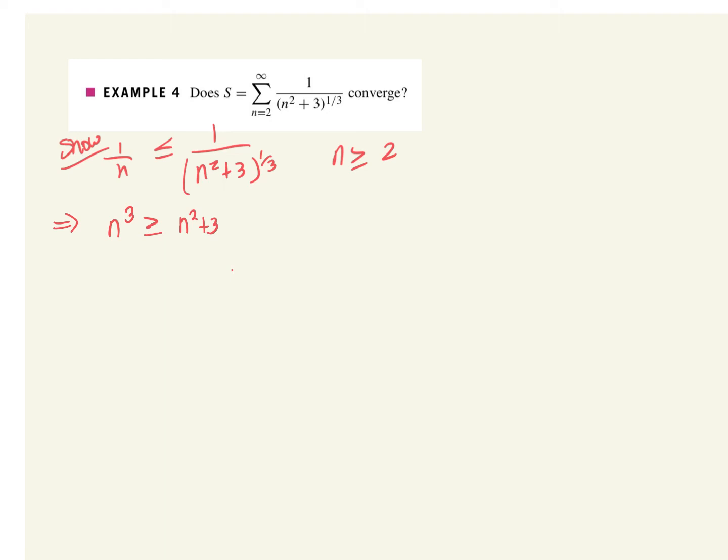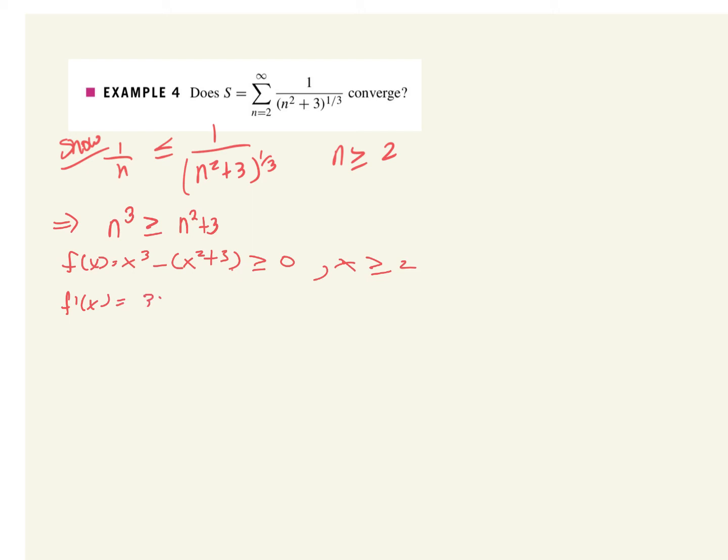So then I'm going to make a function out of this. My function is f of x equals x cubed minus the quantity x squared plus 3, and I'm saying that it's greater than or equal to 0 for x greater than or equal to 2, all coming from that original inequality. I'm going to further analyze this using the derivative.